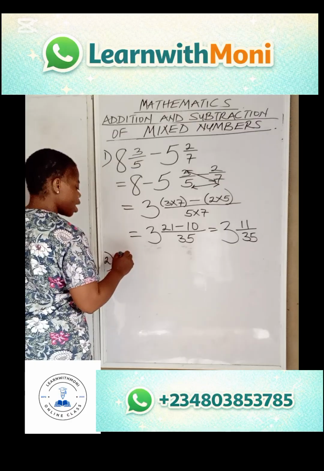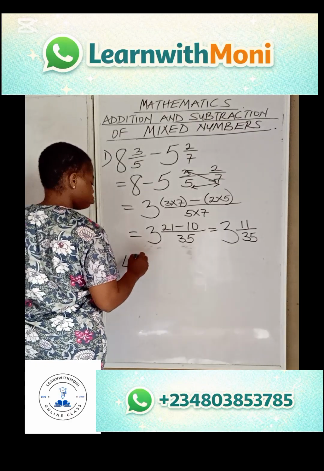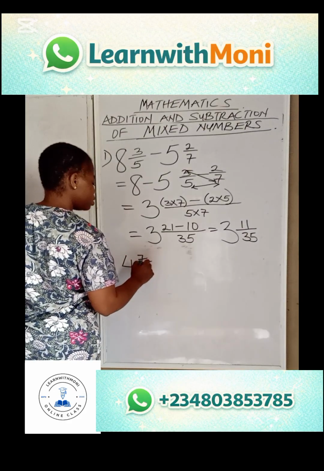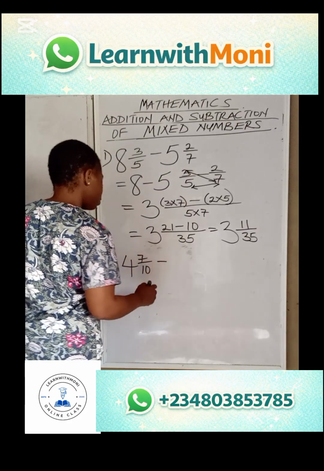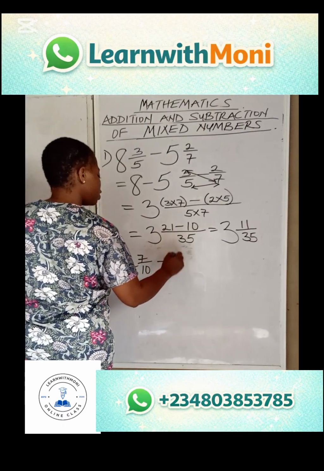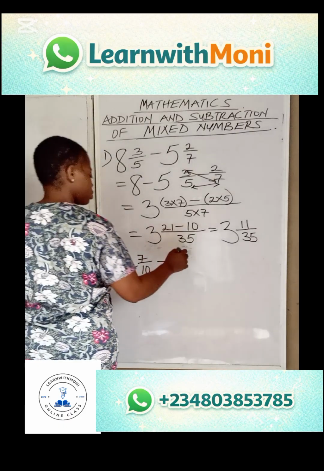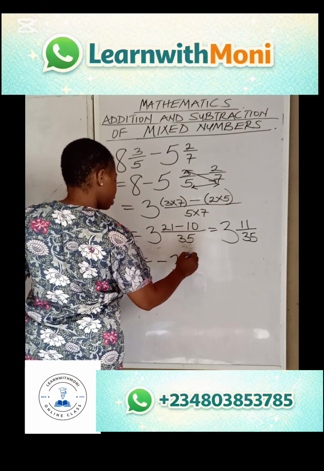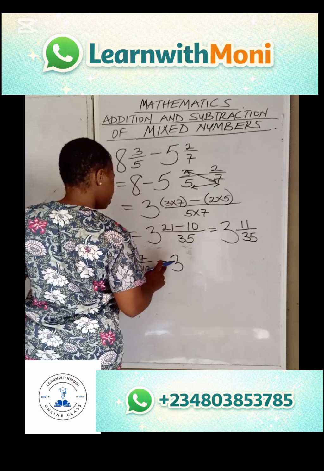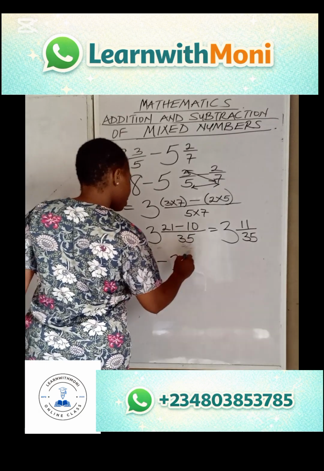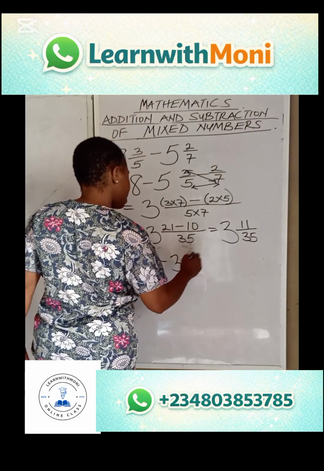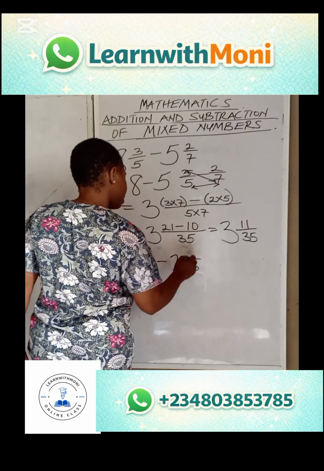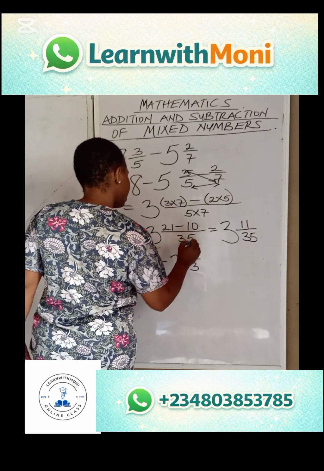It is possible for me to have 4 wholes, 7 over 10 minus 3 wholes, 2 over 3.